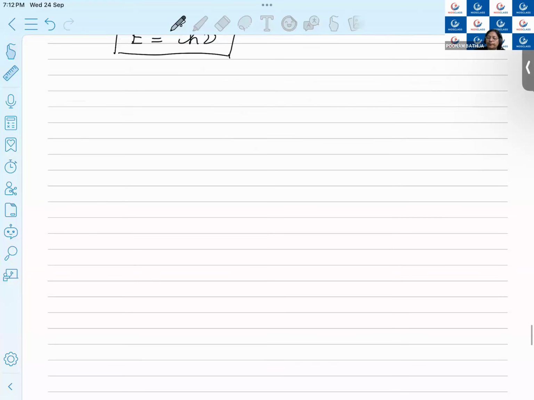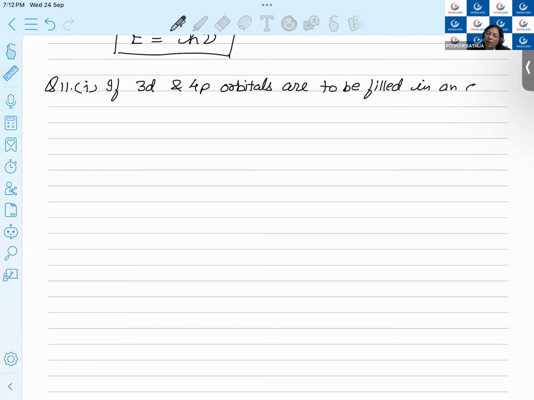Right. Next. If 3d and 4p orbitals are to be filled in an atom by an electron, then which orbital will be occupied first?